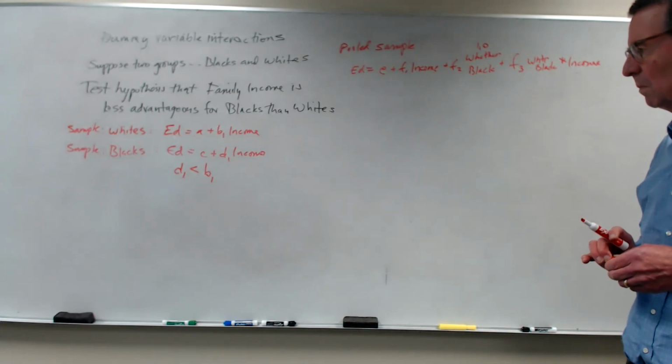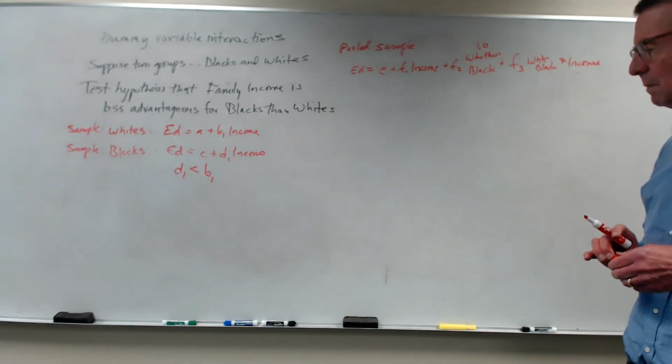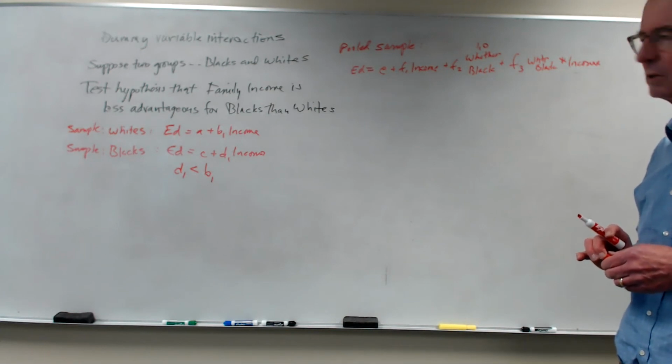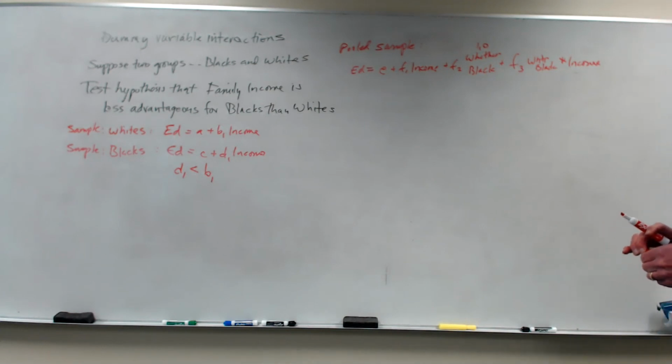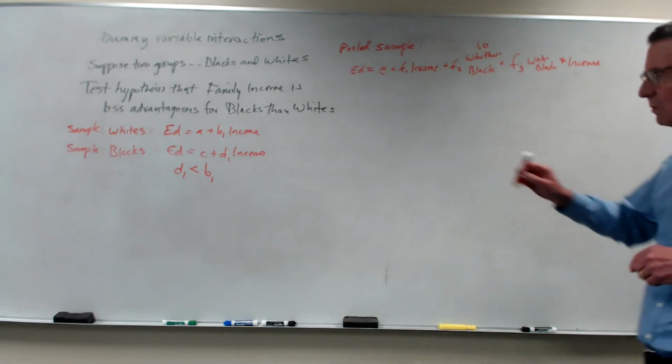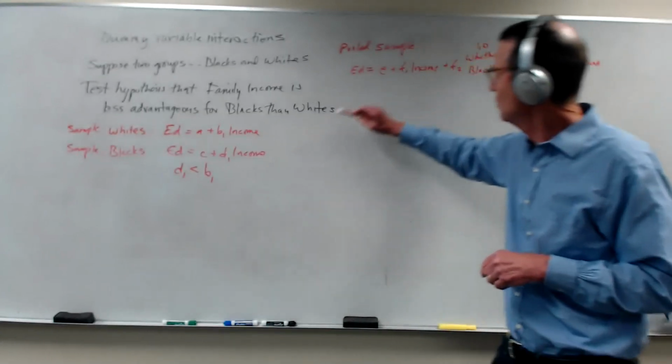So the best way to do this test is to pool the samples and do dummy variable interactions. All right, so this is whites only, this is blacks only.